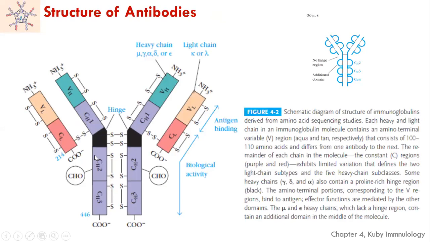Then you can see there is a Y-shaped long heavy chain, H, and the light chain is here, L. We know that one heavy chain can associate with one light chain. One HL will form here, one HL will form here, and this dimer can again combine through disulfide bonds to give rise to four units, the basic units of the antibody.